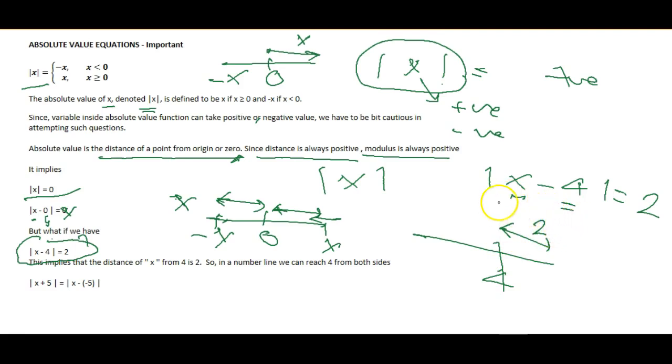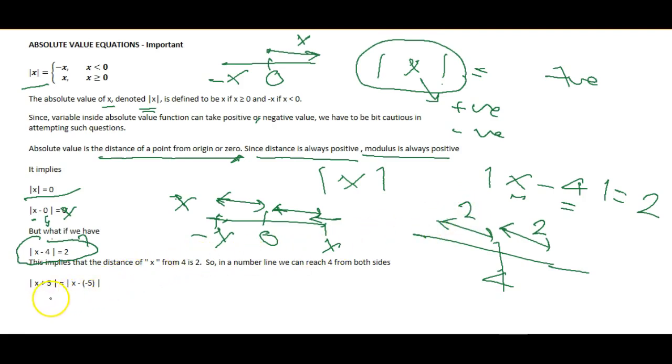That point x can be on both sides of 4, on the right hand side as well as on the left hand side. But the distance will be the same, that is, 2.